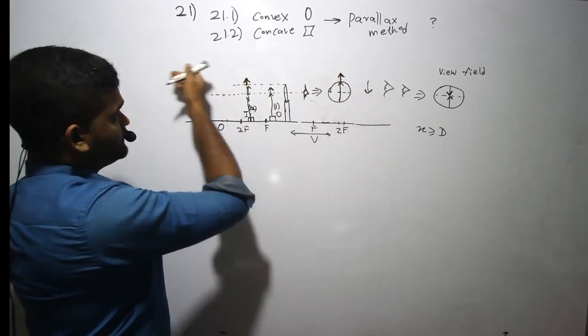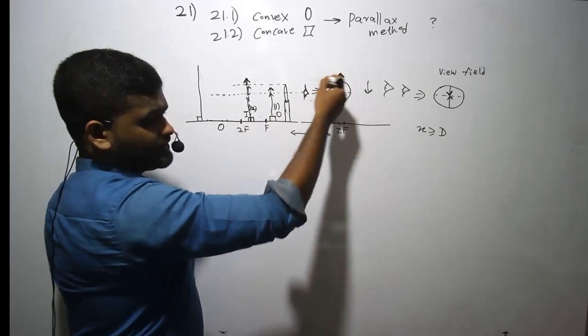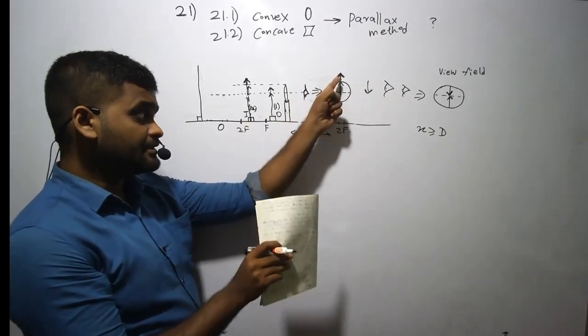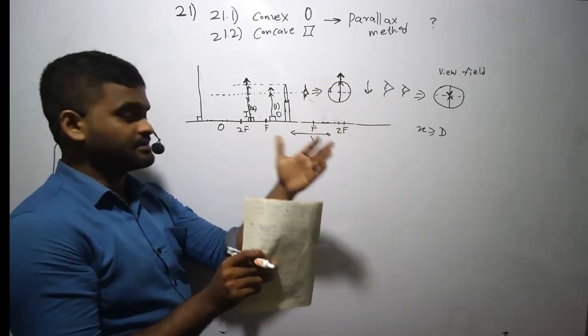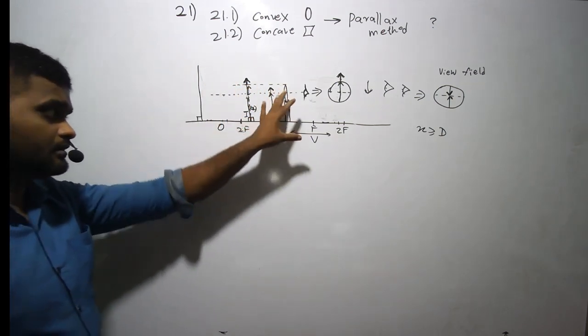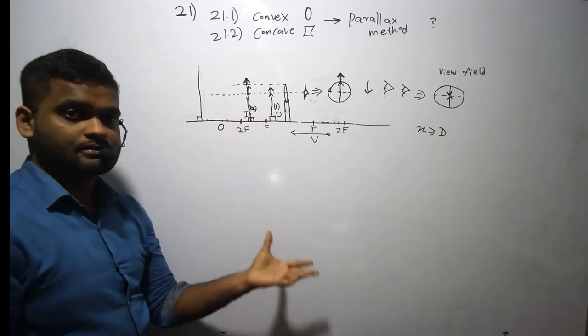But still, if there are other objects, you will not be able to clearly see this. You will see it, but it is better if you can see this part distinctly from the other objects. So that's the only reason you place this screen here when you are observing these virtual images, right?